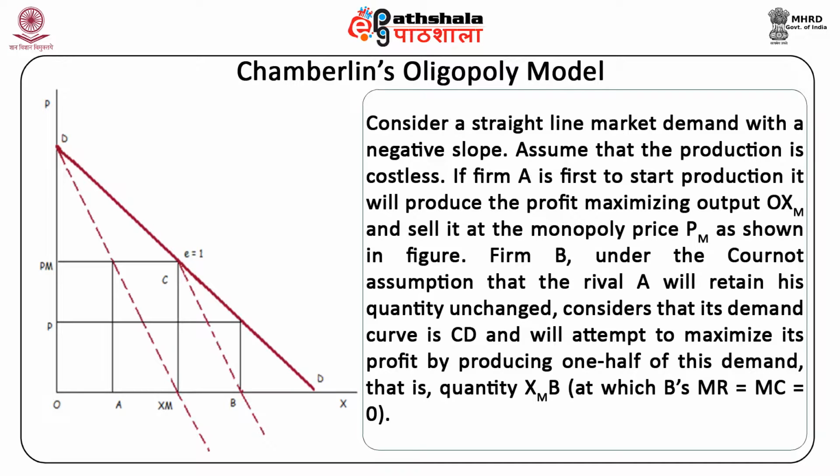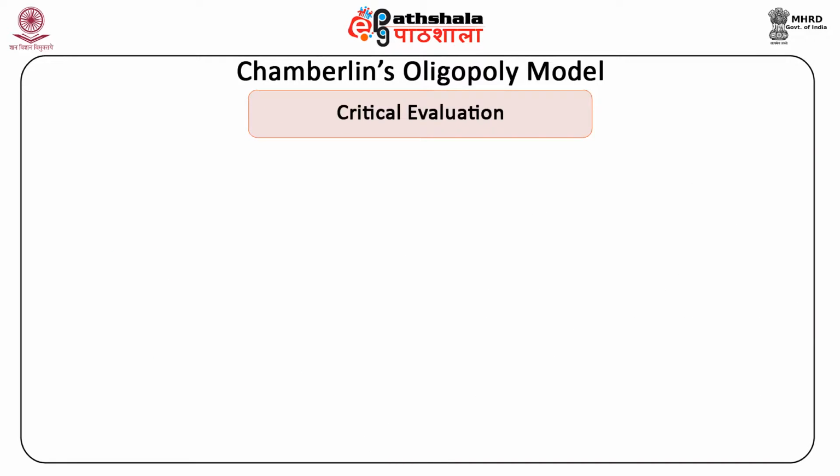Firm B realizes that this is the best for both of them and so will keep its output the same at XMB equal to AXM. Thus, by recognizing their interdependence, the firms reach the monopoly solution. Under the assumption of zero cost, the market will be shared equally between A and B, that is, OA equal to AXM. Coming on to the critical evaluation of the model.